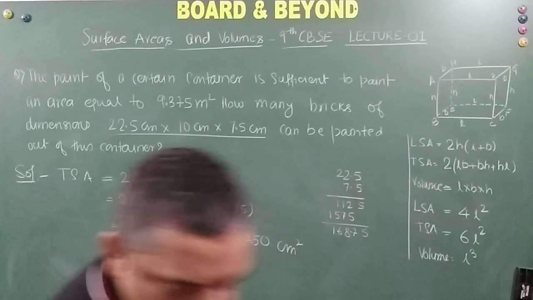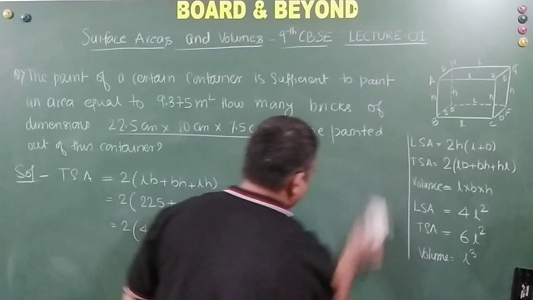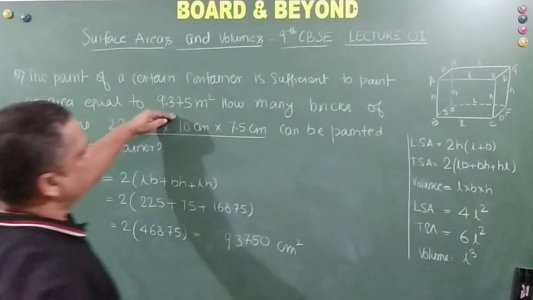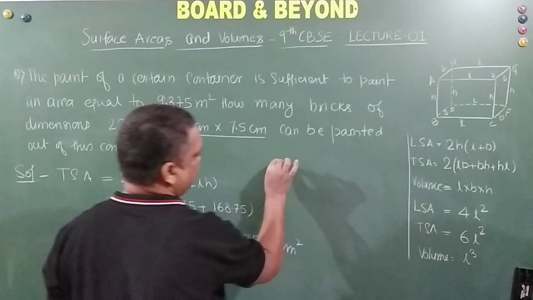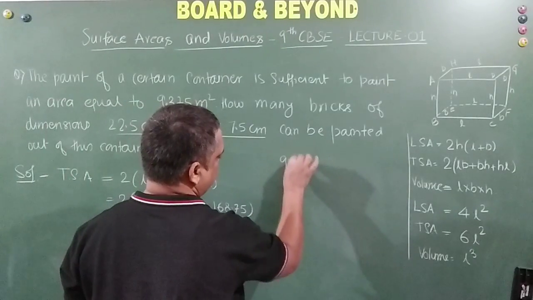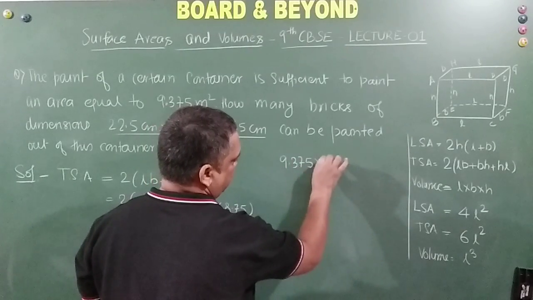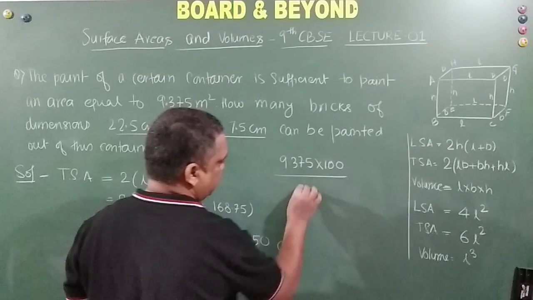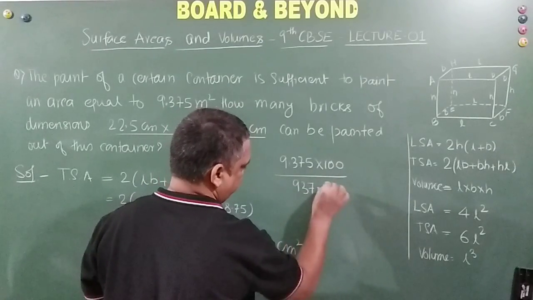Now the catch here is that the dimensions given here, friends, are different. This is 9.375 meter square, right? So the rest of the sum I am doing here: 9.375 meter square into 100 divided by 937.5.